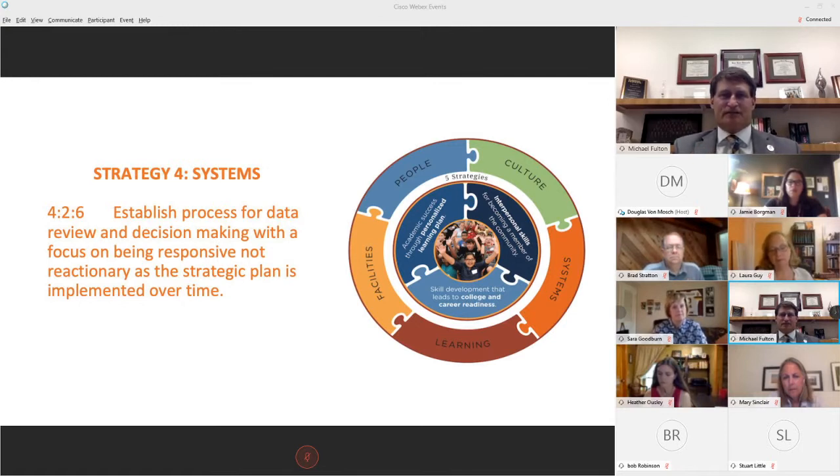To be successful, we must have processes in place that allow us to thoughtfully and methodically work from data to monitor our progress and adjust course as needed to ensure every child finds personal success. Our 3 objectives define the destination, and our strategic plan strategies with action steps provide a roadmap on how to get there. Next slide, please.